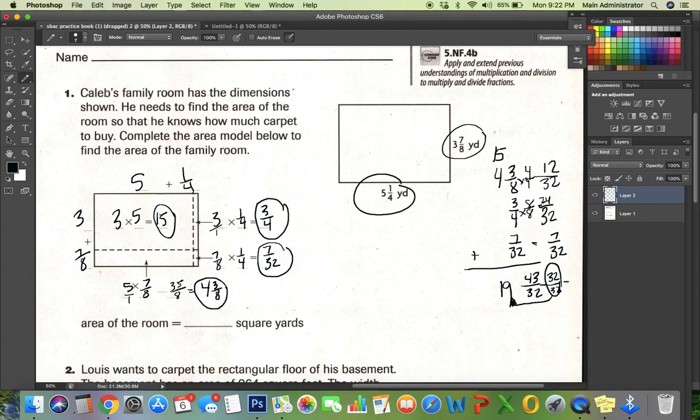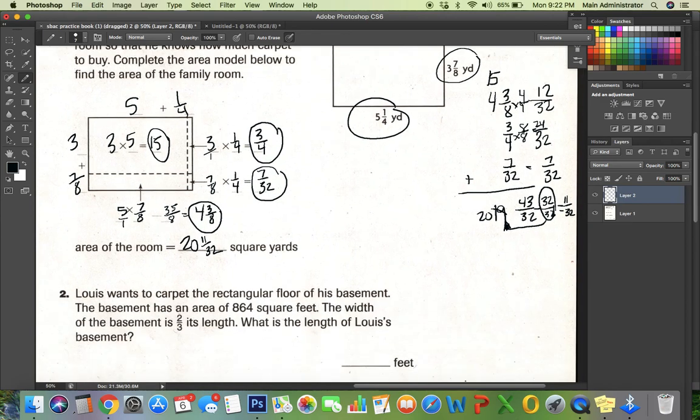And when I take 32 out of 43, I'm left with 11 over 32. So I've got 20 and 11 over 32 as my square yards that he needs.